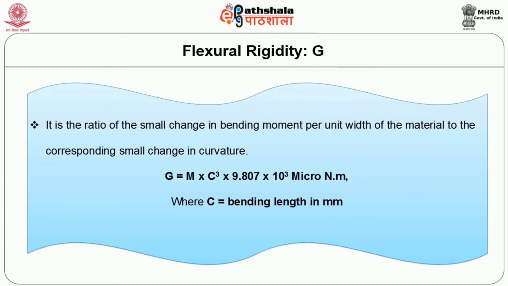Then from the bending length we are able to calculate the flexural rigidity denoted as G. It is the ratio of a small change in bending moment per unit width of the material to the corresponding small change in curvature. G is given by m into c cube into 9.807 into 10 power 3 micro Newton meter, where c is the bending length found during the stiffness test.